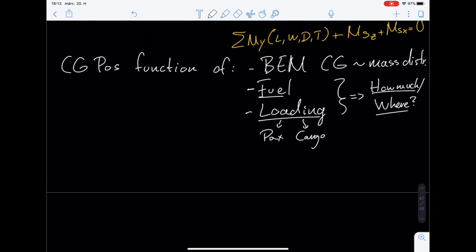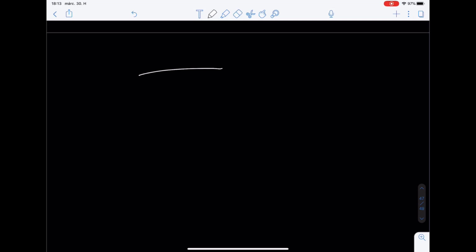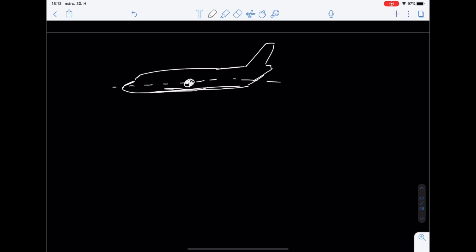So usually how it looks, and you guys will learn this in mass and balance, but just a quick understanding of the whole situation. In commercial aeroplanes, usually the center of gravity position, because it has such a great effect on stability and control, is usually limited.